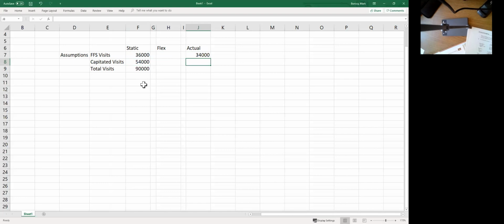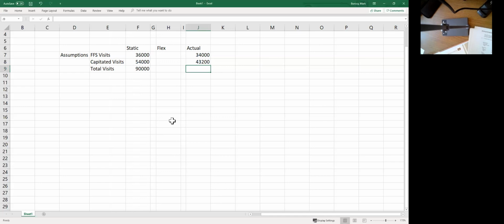The actual number of capitated visits, the utilization, gives us 43,200.